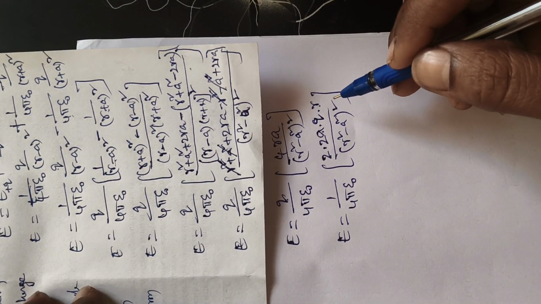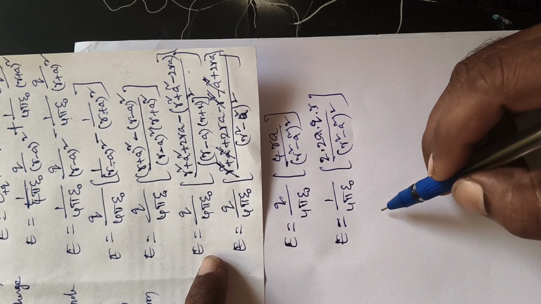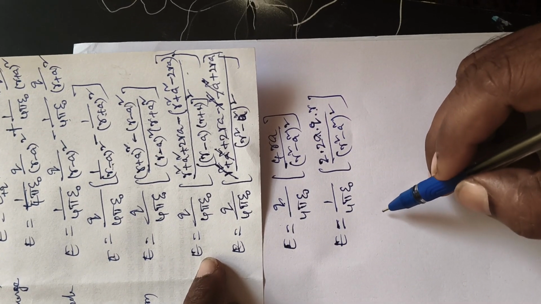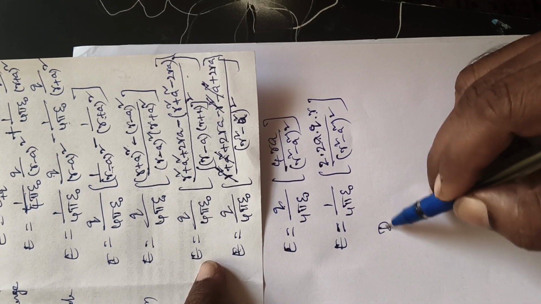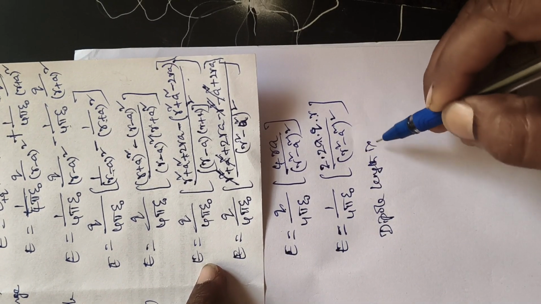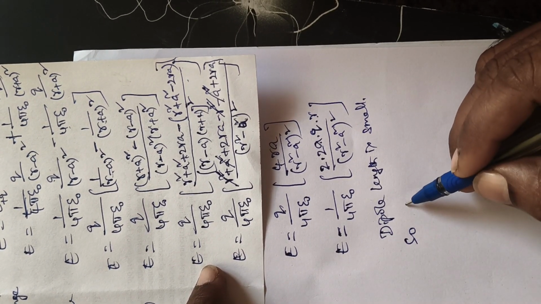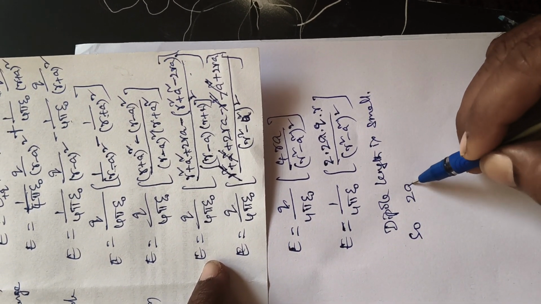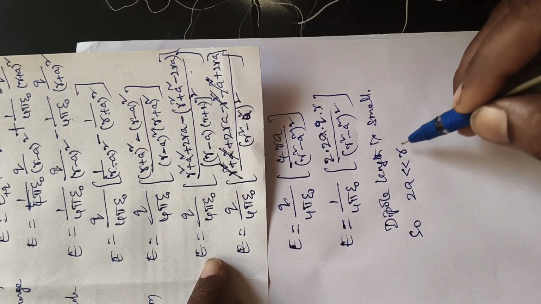So next thing is, already we know, remind, the dipole length is very small. Dipole length is small. So dipole length is what? 2A. 2A is very less compared to the distance.